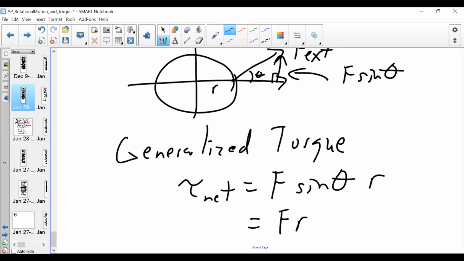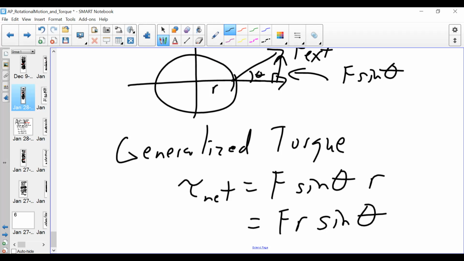And we can rearrange this around F R sine theta. So it has a similar look and feel to work, where we know that work is equal to F cosine theta delta x. Of course, R is not a change, the radius doesn't change, but it has a similar look.